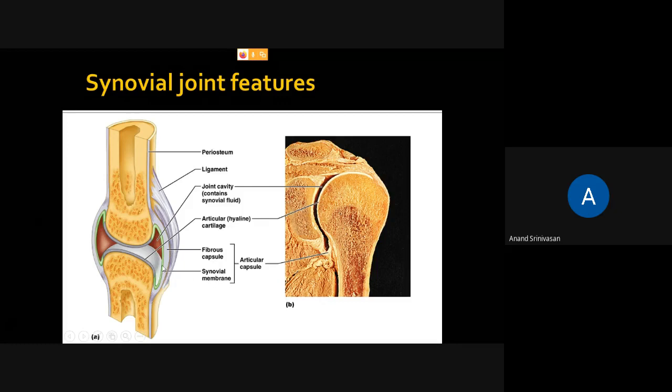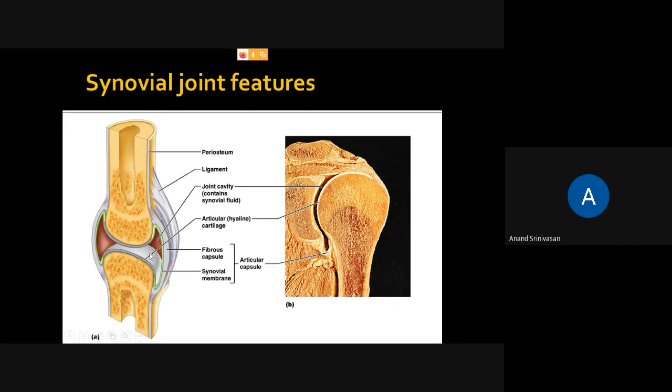The synovial membrane will secrete the synovial fluid, so that when we move the hand or the shoulders, or the knee joint or hip joint, there are no sounds. The movement is smooth.